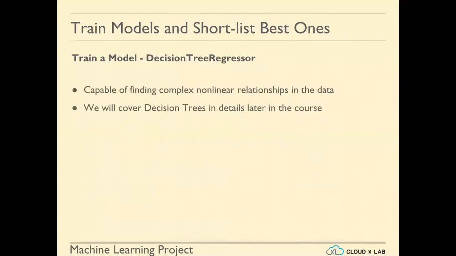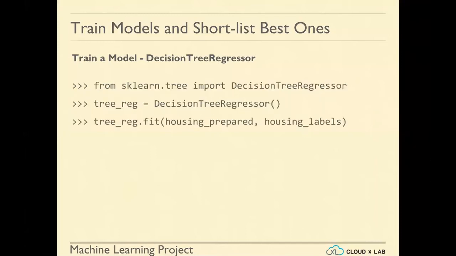This is a very good question. Again, people might ask you: can decision trees take care of complex nonlinear relationships? The answer is yes, and we'll see how later. We'll cover decision trees later in this course and understand how they predict nonlinear relationships.